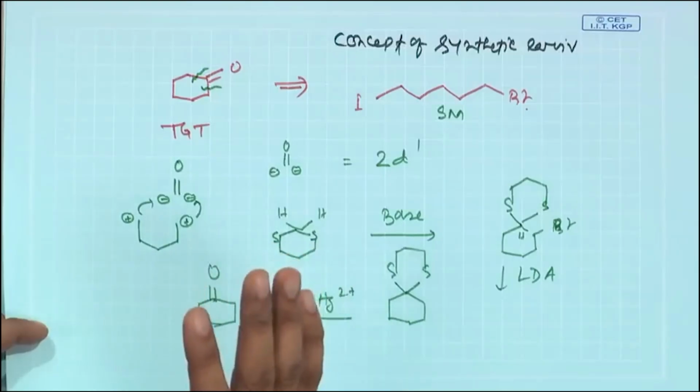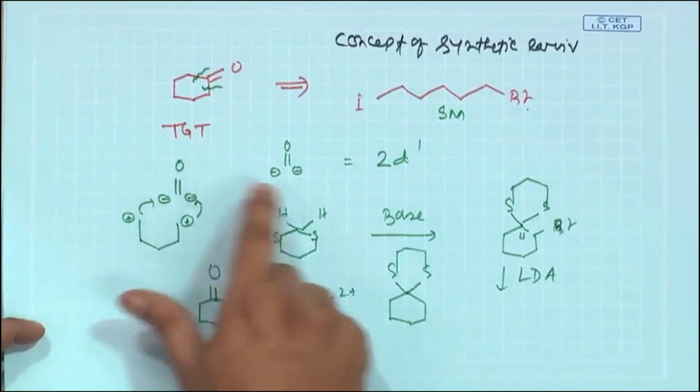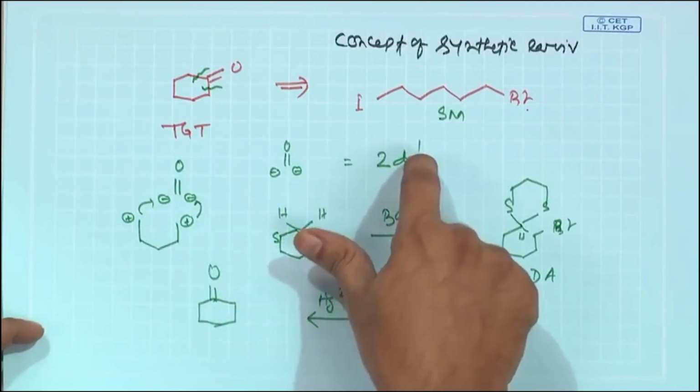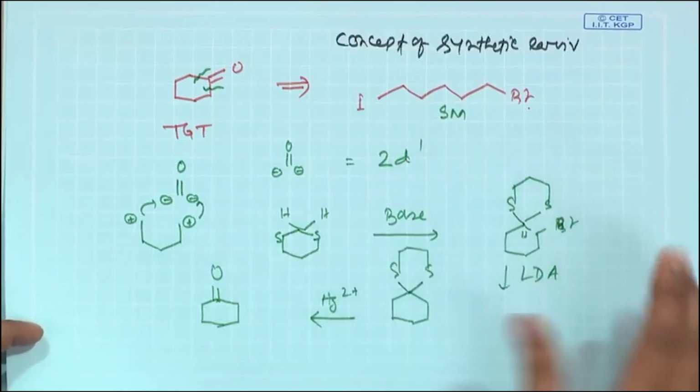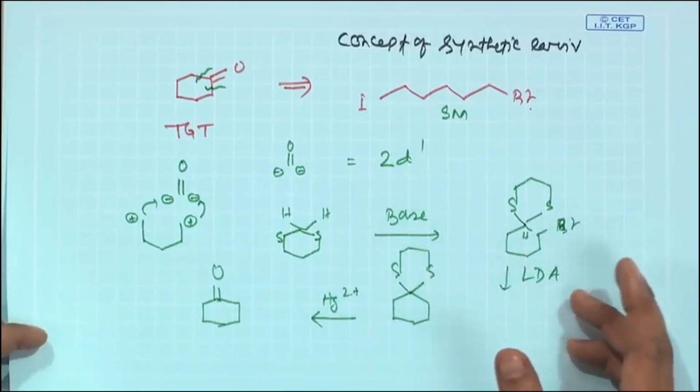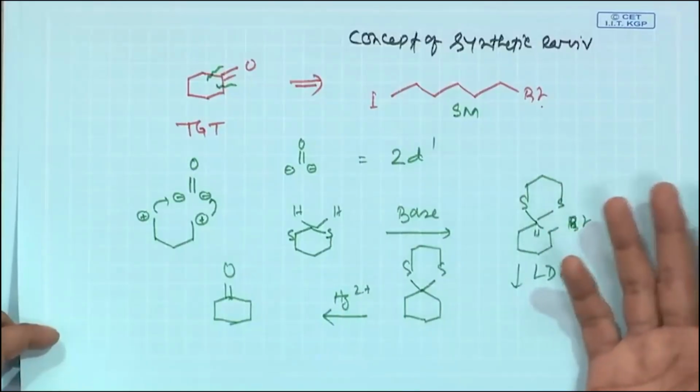Synthetic equivalents like this formyl anion, which can serve as a D1 species as well as a 2D1 species, are very useful and very popular, and we will mainly focus on these umpolung synthetic equivalents in our next couple of lectures, where we talk about functional group based strategies. So, till then, goodbye, have a good time.